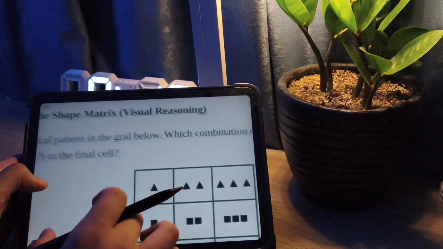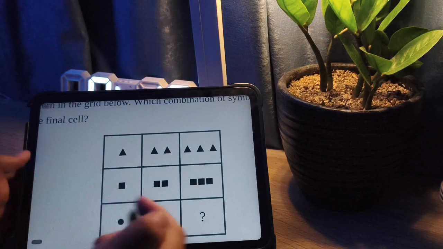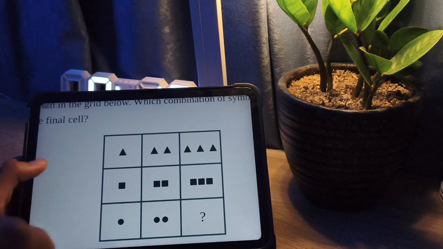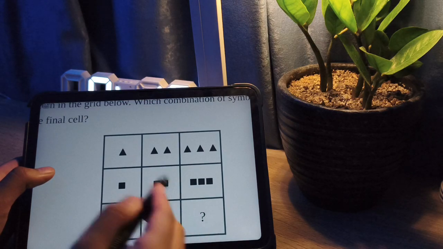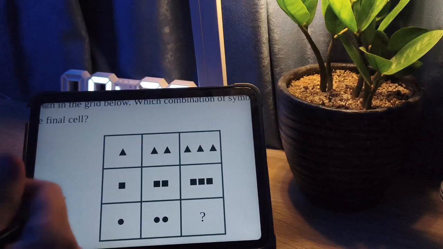Look at this logic shape. If we must replace this question mark with a shape or a symbol, what is the most appropriate symbol you would choose? I will give you time.